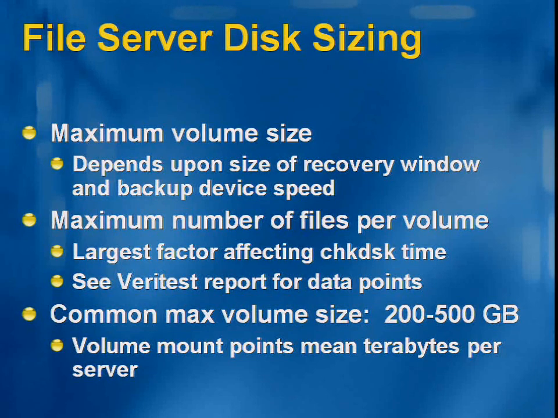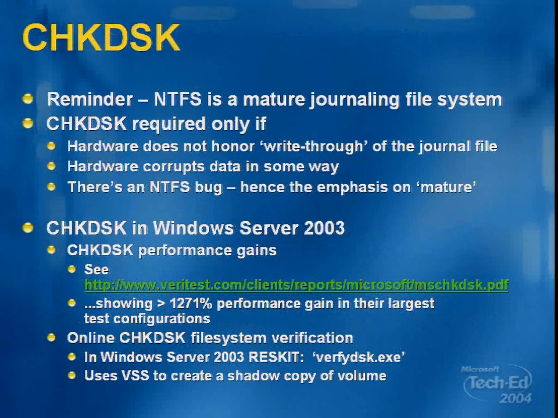Now, there's one last, really cool check disk point that I want to make, because this is going to be new for Windows Server 2003. It's this last bullet point, online check disk file system verification. Why is that important? Well, first let me tell you what it means. It means we have a new tool in the resource kit called Verify Disk.